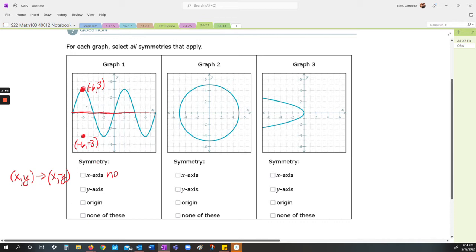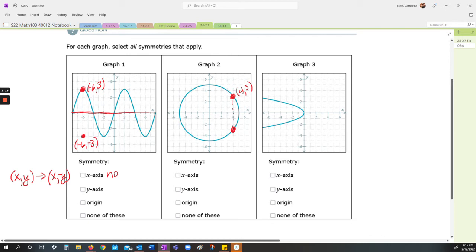Okay, so maybe we'll just do x-axis for all three of these and then go back and talk about the other things. So then for our circle, if I pick a point, I'm going to see if I can find one that looks like it's right on a grid line, like on a corner. It looks like this one's at 4, 3. So going across the x-axis, oh look, there we are.